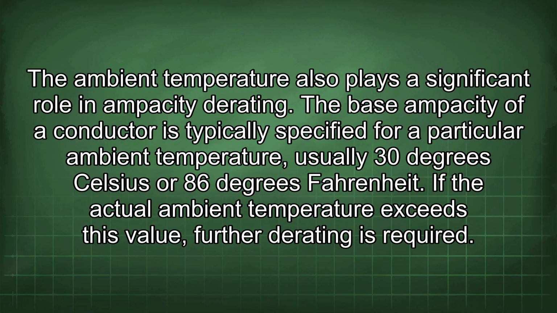The ambient temperature also plays a significant role in ampacity derating. The base ampacity of a conductor is typically specified for a particular ambient temperature, usually 30 degrees Celsius or 86 degrees Fahrenheit. If the actual ambient temperature exceeds this value, further derating is required.